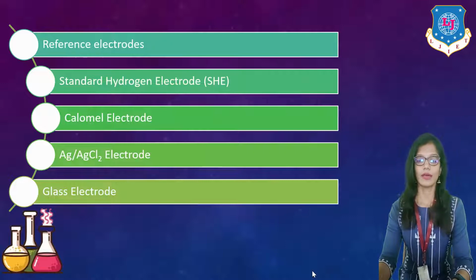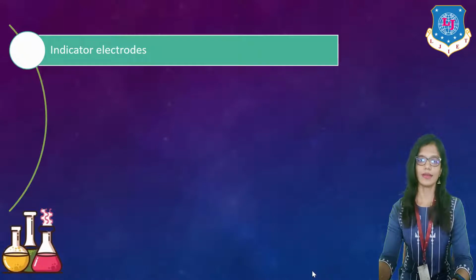Okay? Now, the first type that we have seen is the reference electrode. The second one is known as indicator electrodes. Indicator electrodes indicate the electrochemical potential by themselves. So the reference electrode will be used for reference purposes, while the indicator electrode will be used for indication purposes.